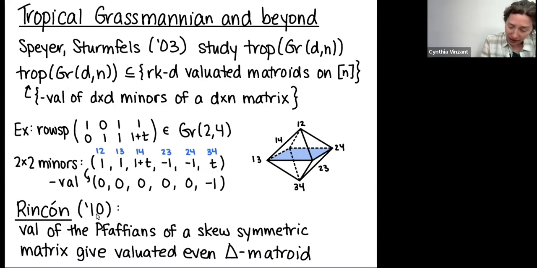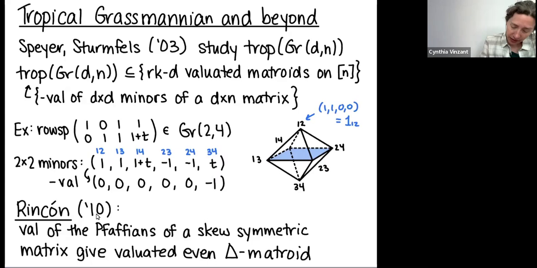We could look at the polytope in R4 whose vertices are the indicator vectors of these subsets. So by 1, 2, I really mean the vector (1, 1, 0, 0), the indicator vector of the subset {1, 2}. These all have coordinate sum 2, so it lies in a 3-dimensional plane. You can check that this polytope is really the octahedron that I've drawn.